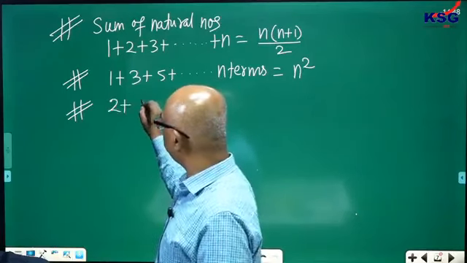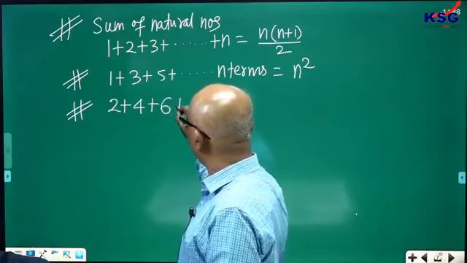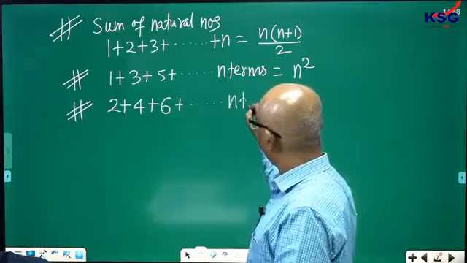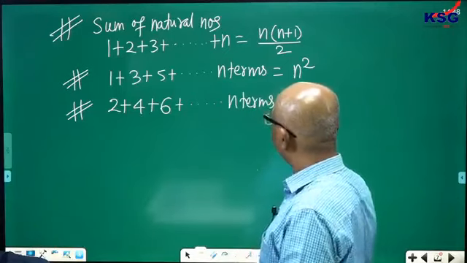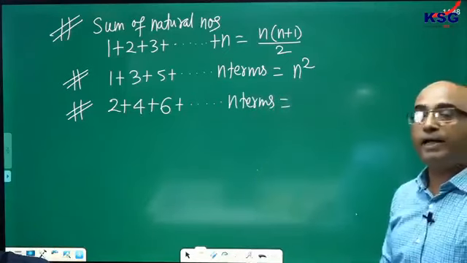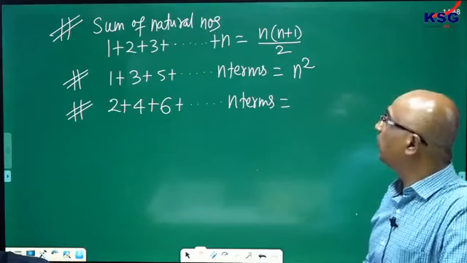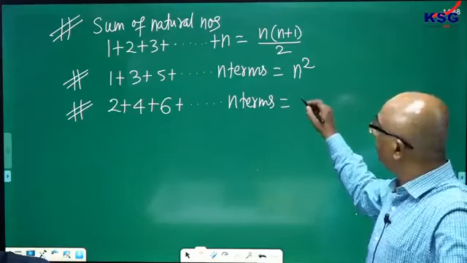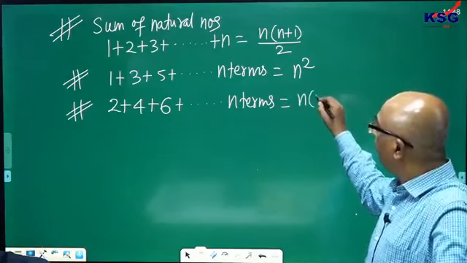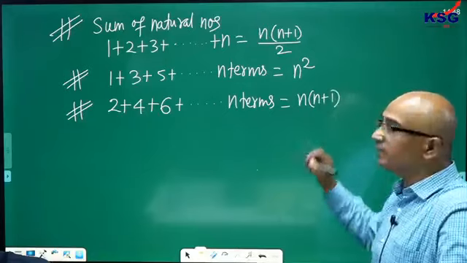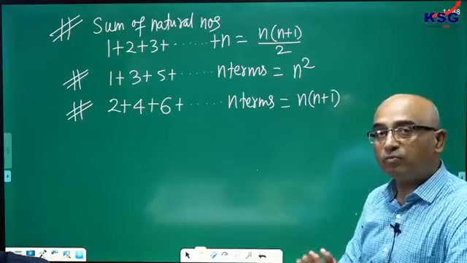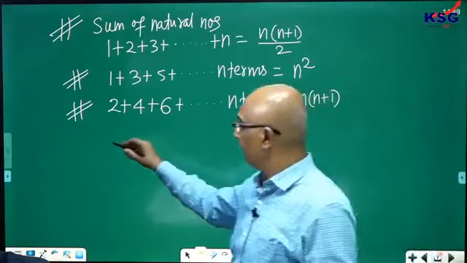So please copy. Sum of even numbers. So sum of natural numbers is n into n plus 1 by 2, sum of odd numbers is n square, and the sum of even numbers is given by n into n plus 1. These are school formulas, so we can't compromise with school book information.